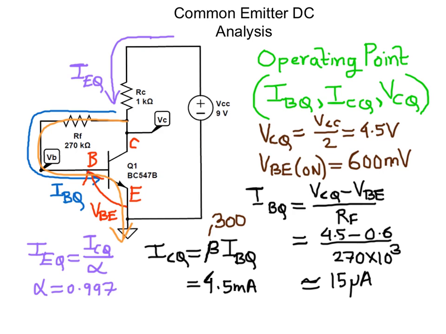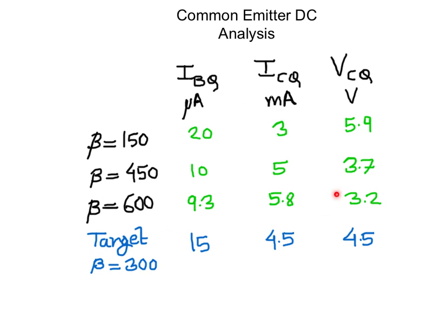Let's now find out how stable this operating point is if beta of the transistor varies. This is the table of different operating points for the common emitter circuit with shunt voltage feedback as I varied the beta of the transistor. This is our target operating point where we design the circuit assuming that beta is equivalent to 300.